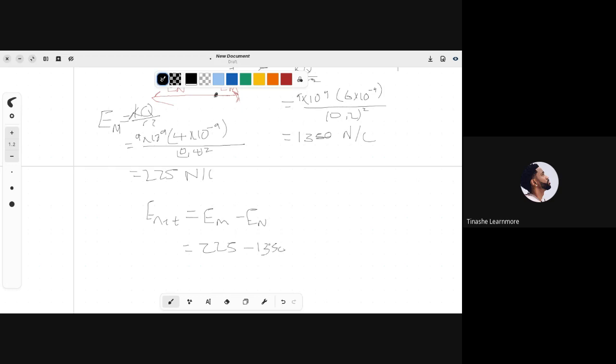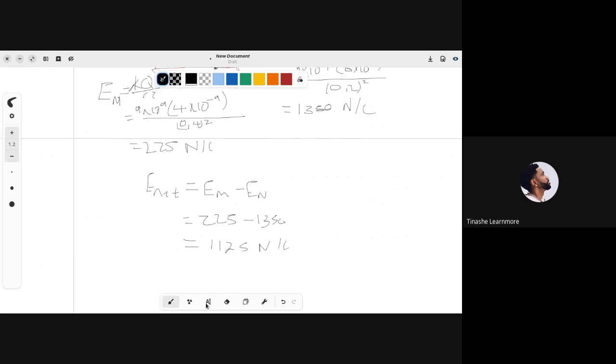Okay, so 1350 minus 225 would give us 1125 newtons per coulomb. Any questions?